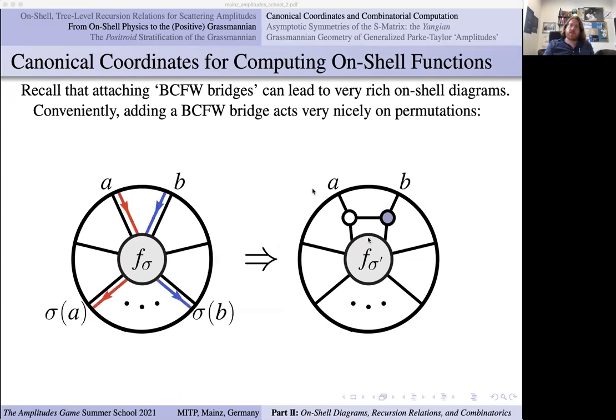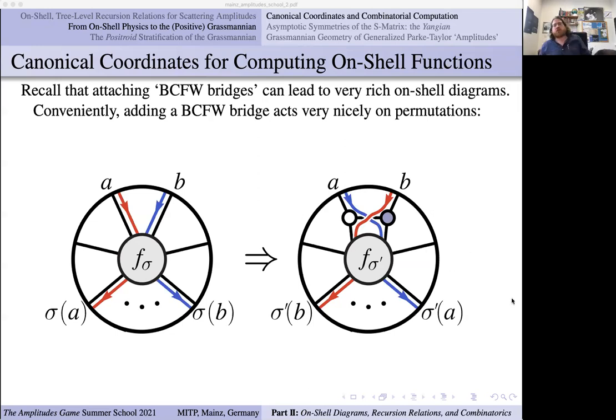Acting on the permutation, this acts very simply. It just transposes the images of the legs A and B. So if A went to sigma of A, now A goes to where sigma of B used to be. So the images of two legs get transposed when you add a bridge.